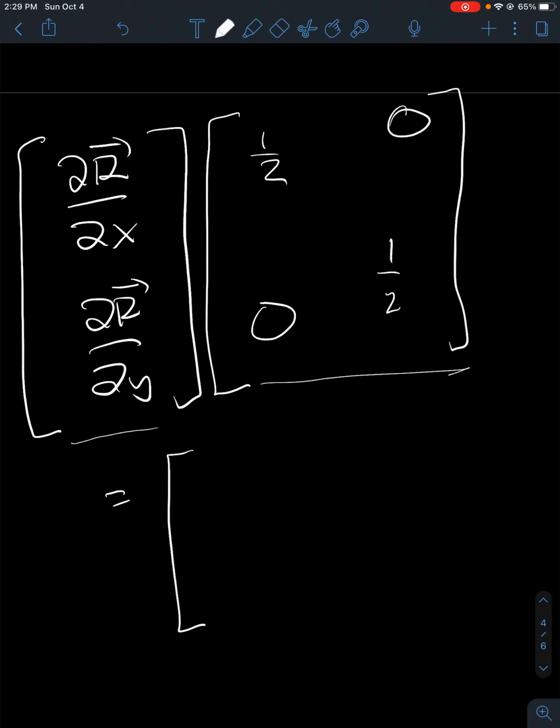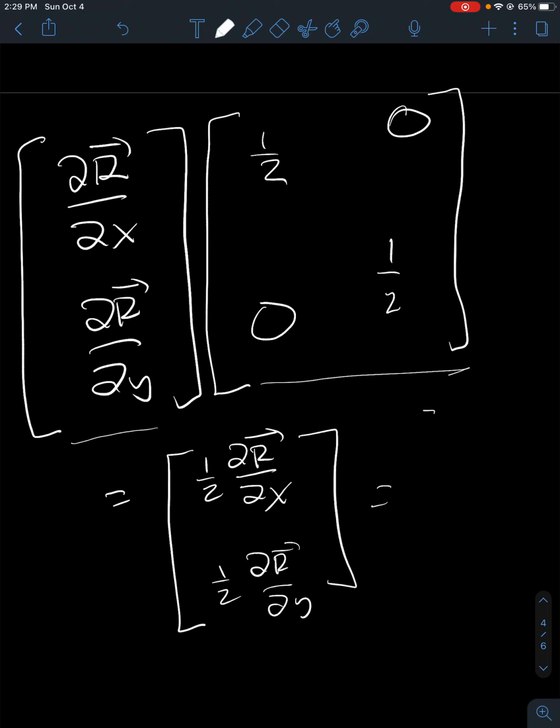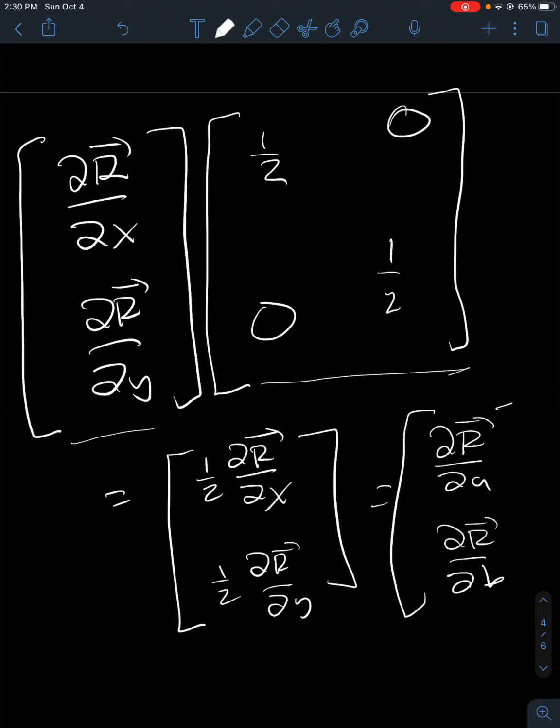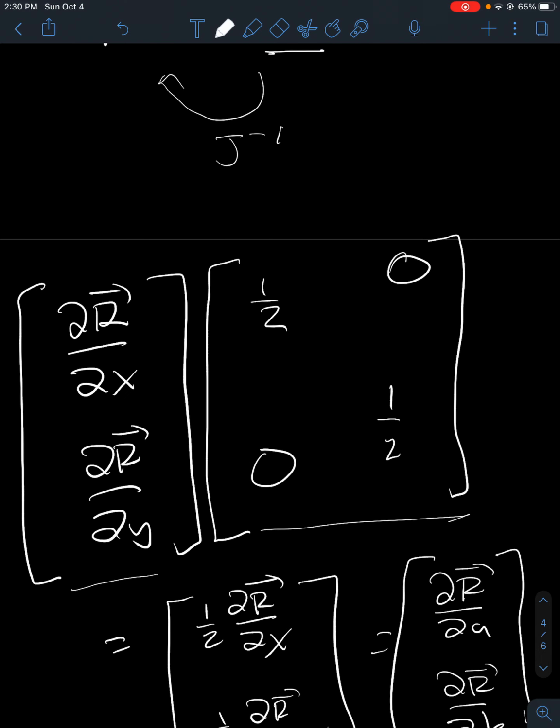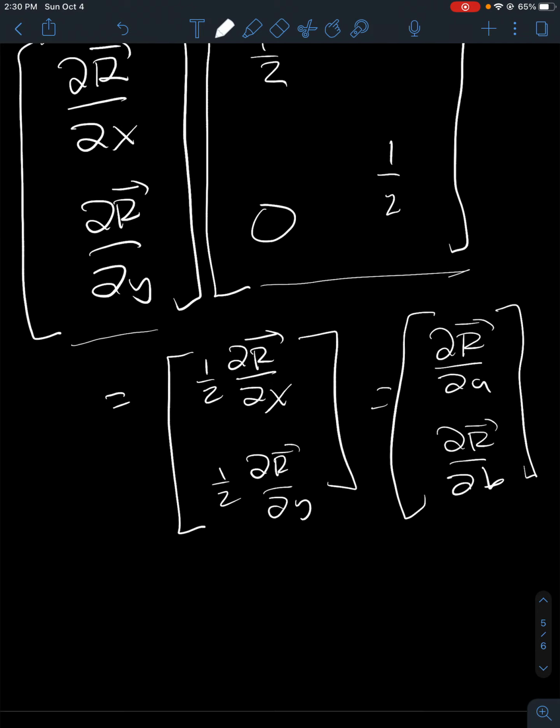The new vector that we get would be 1/2 x and 1/2 y, which is just the a vector and the b vector. That's what we mean by using a matrix. We store it in a matrix to show how you're transforming that basis. And the matrix has even more meaning. I'll show you that in 1 second.